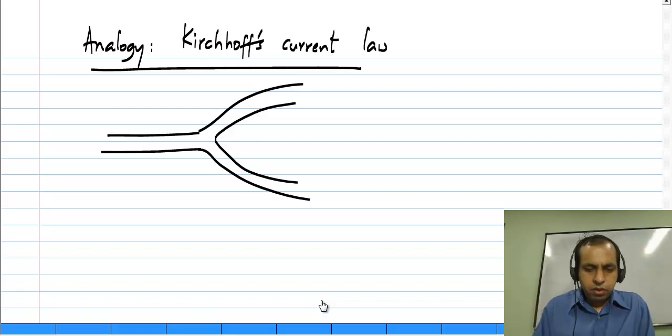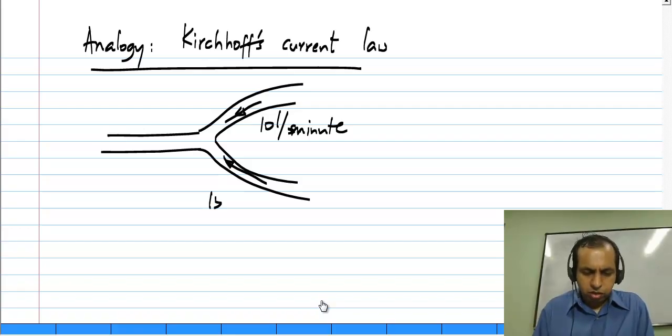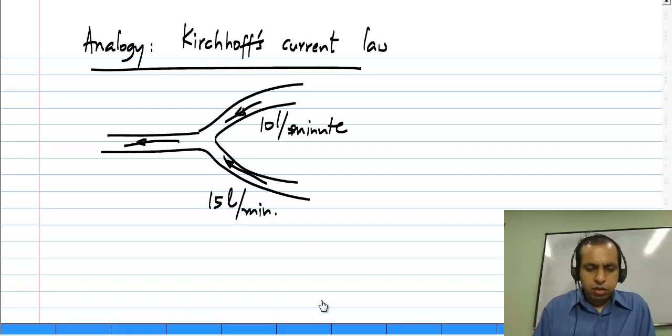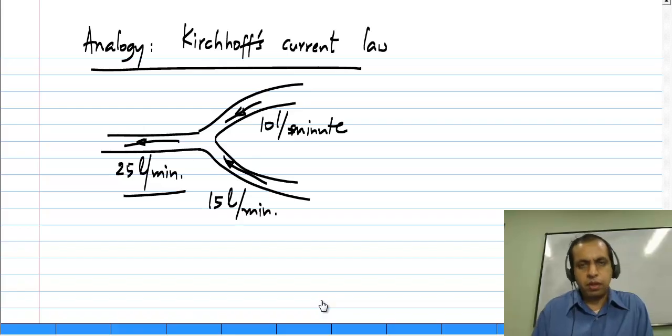Now let's say water is flowing here at 10 liters per minute and water is flowing here at 15 liters per minute. You obviously know that water will flow out here at 25 liters per minute. This is all that is, right?